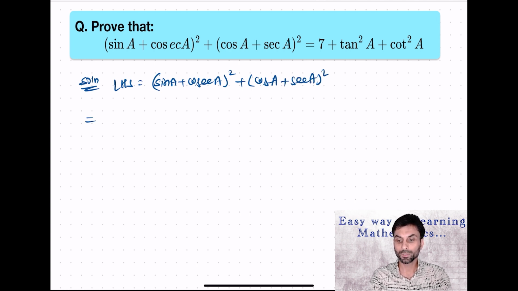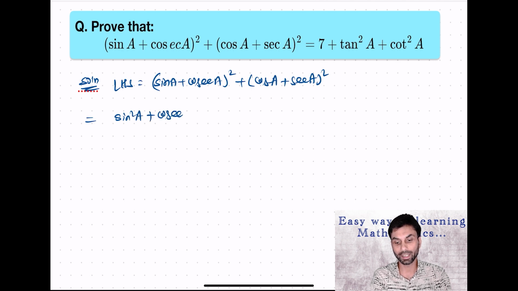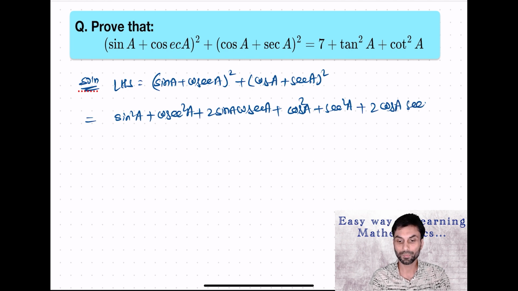If we expand it using the identity (a plus b) whole square and (a minus b) whole square, we know that (a plus b) whole square is a square plus b square plus 2ab. So if we use that identity and expand, we will get sin square A plus cosec square A plus 2 sin A into cosec A plus cos square A plus sec square A plus 2 times cos A into sec A.